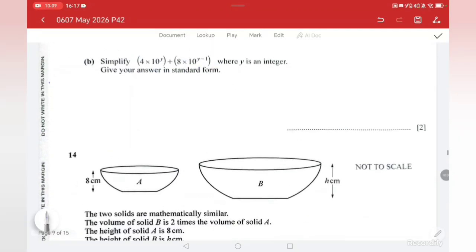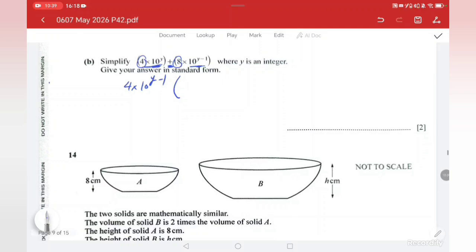As we mentioned, and we gave those examples before in revision, when you see plus, you have to factorize. When you factorize, usually you take the smallest number outside. So if you have 4 and 8, you will take 4. And if you have 10 to the power of y and 10 to the power of y minus 1, you will take y minus 1. So 10 to the power of y minus 1. What will be inside?